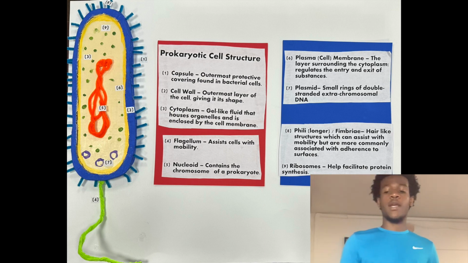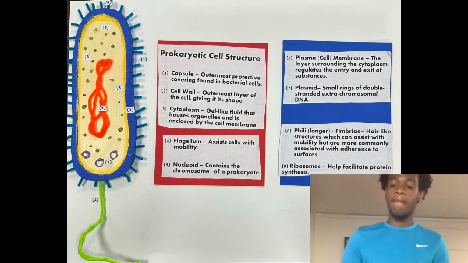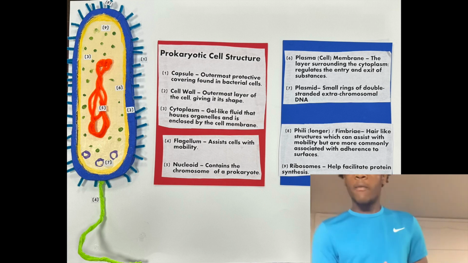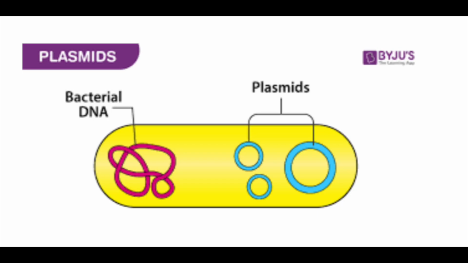Next, we transition down to the bottom of our diagram, and we take a look towards number 7. These kind of look like wedding rings. Well, they're called plasmids. These plasmids are extrachromosomal double-stranded DNA.